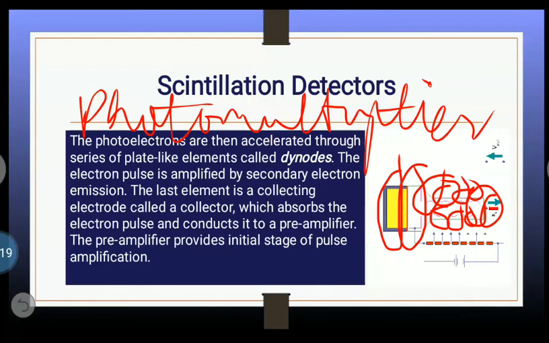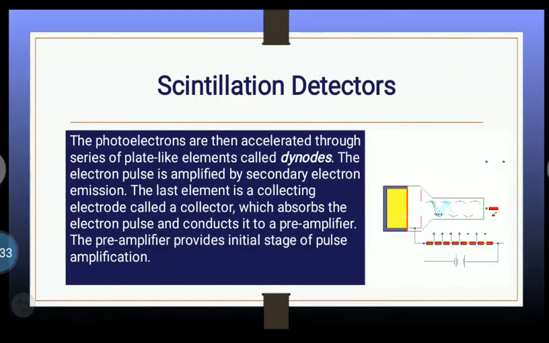The collector absorbs the electron pulse and conducts it to a preamplifier. The preamplifier provides the initial stage of pulse amplification. Therefore, we measure the intensity in the form of the number of electrons received by the collector.